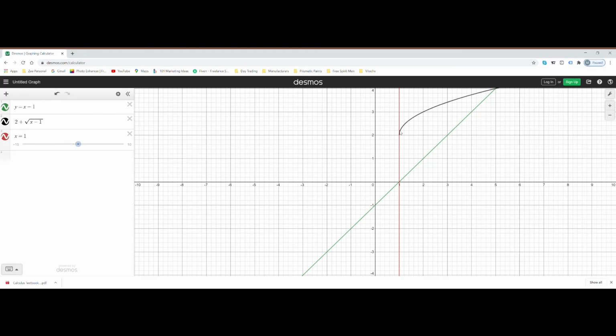This is 2 plus the square root of x minus 1, this is x minus 1, and this is the x equals 1 graph.